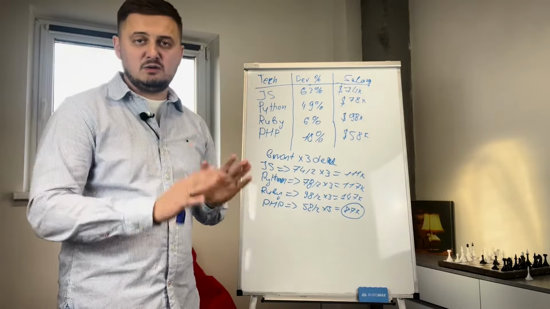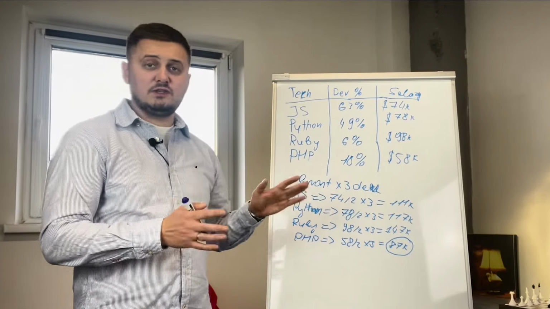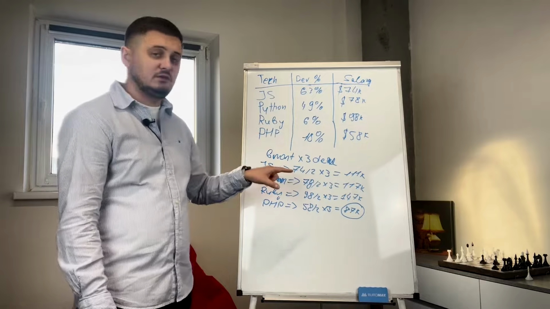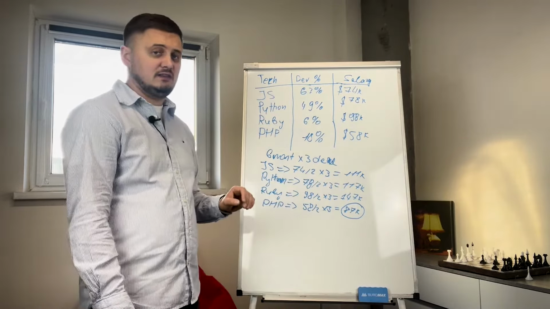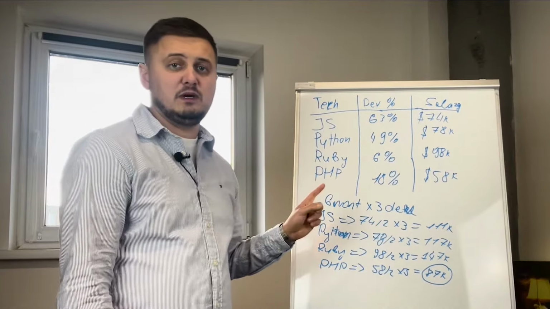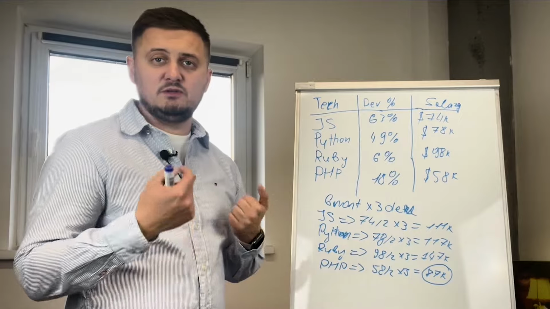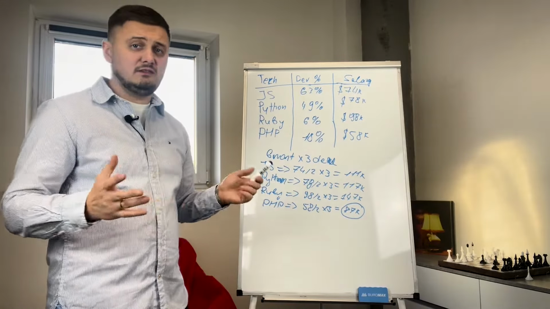And just for the context to understand how much cheaper it is, if you take 3 JavaScript developers and do the same project as with 3 PHP developers in the 6 months, you will pay 21% more than doing it with PHP. So if you choose PHP, you will get 21% savings based off of data on the same project, right?